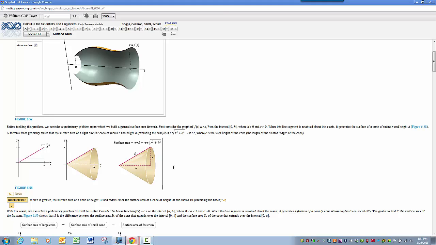Let's say we wanted to find the surface area of this particular cone. Let me walk you through the justification for why this is the surface area. Let's say we had a cone. I'm going to draw the cone here.